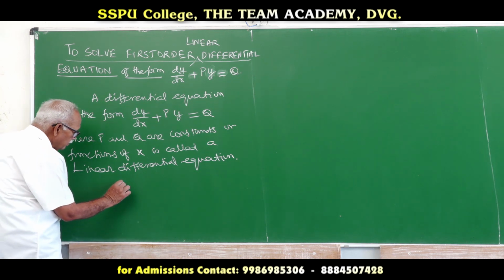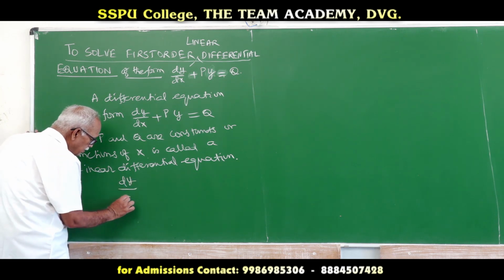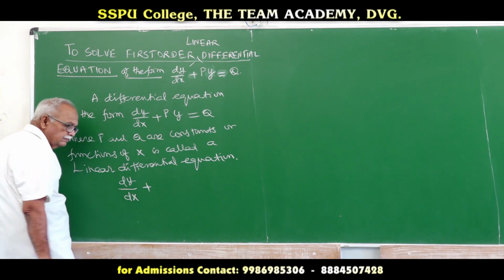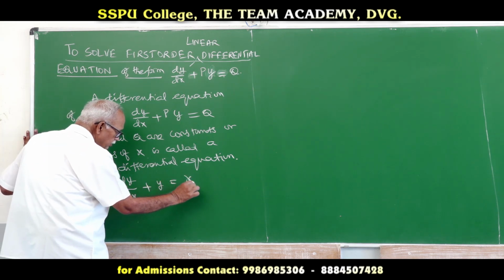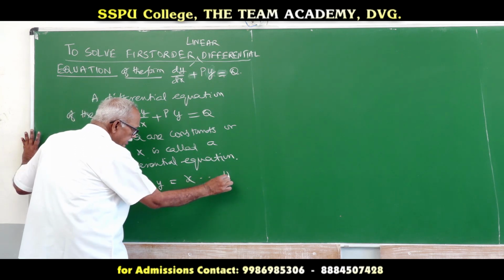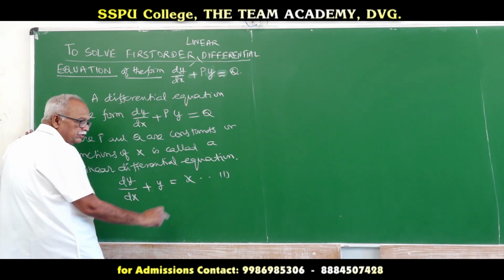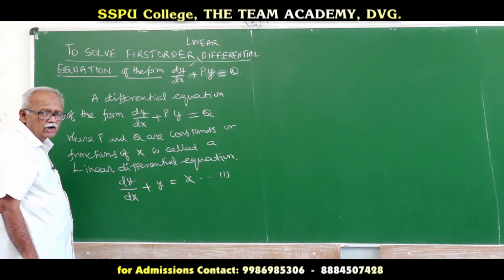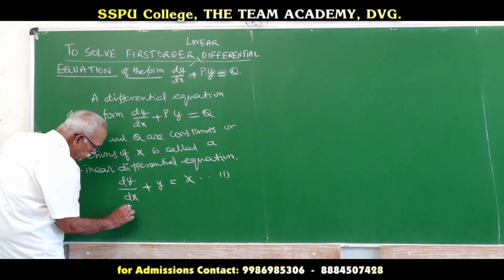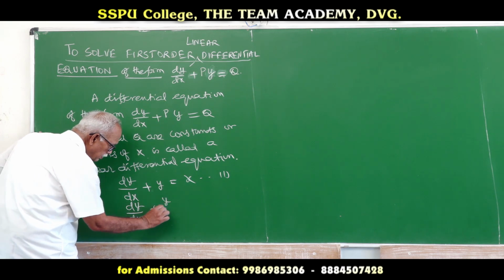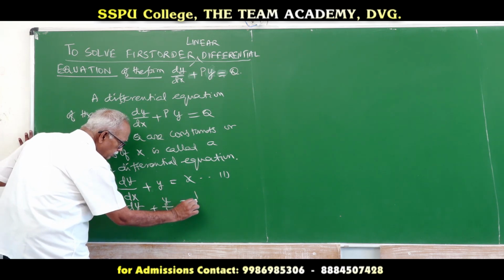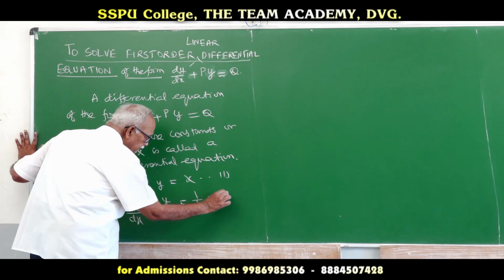Now I will write some differential equations. So dy by dx plus y is equal to x. So here you see p is 1, q is x. P and q are constants or functions of x. So dy by dx plus y by x is equal to 1 by x.